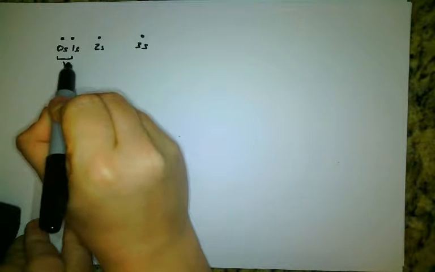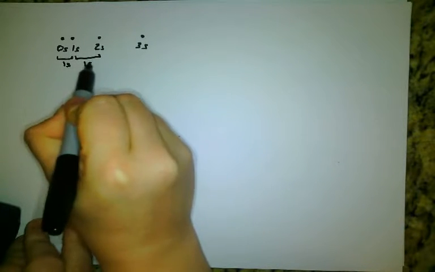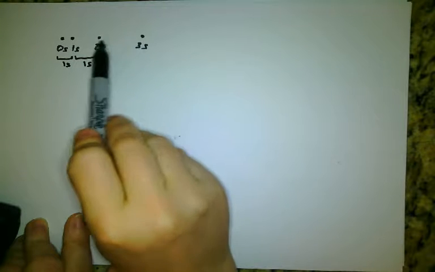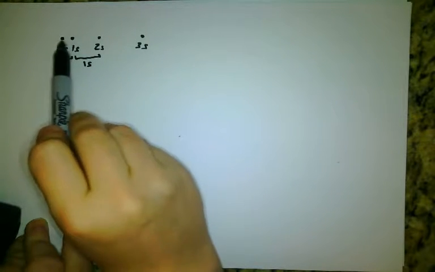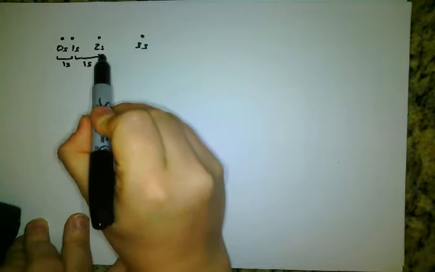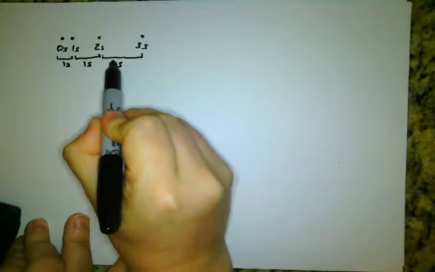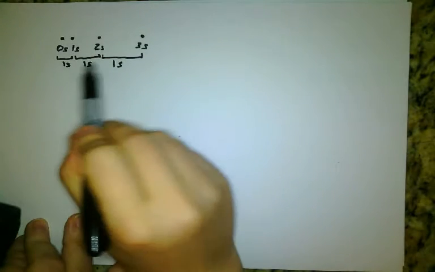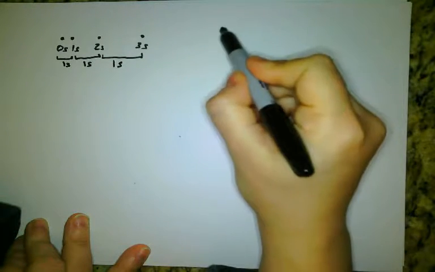So this is 1 second time interval here and another one here. And you can see that it's moving a lot further in the last time interval than when it started, which means it's covering more distance during that 1 second. And that means it's going faster. So how would that look in a position time graph?